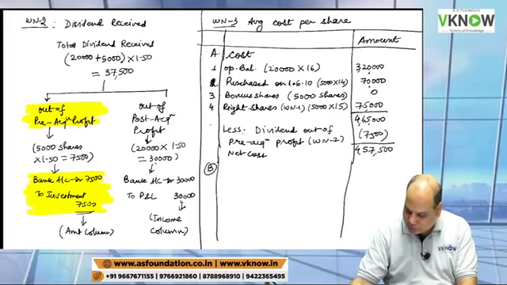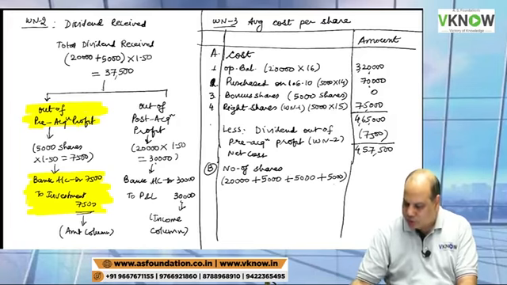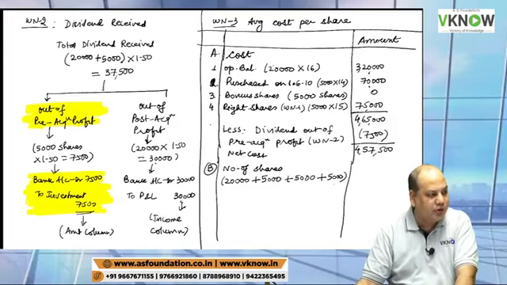Point number B, number of shares held before sale. Number of shares is opening 20,000 plus 5,000 purchased plus 5,000 bonus shares plus 5,000 right shares.